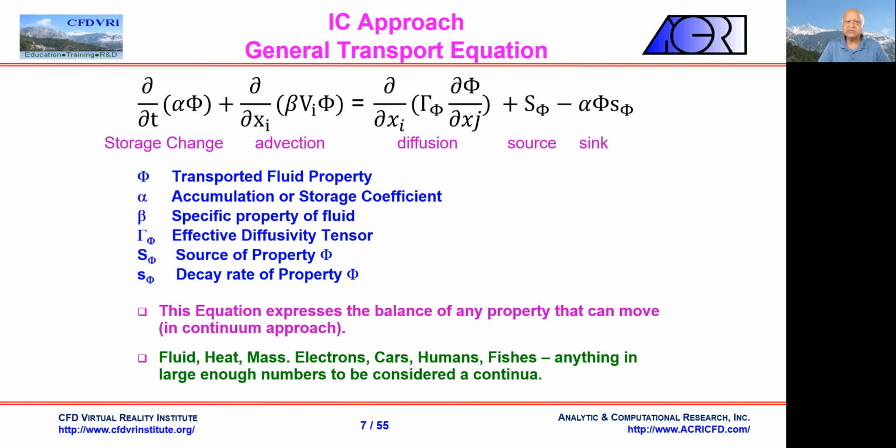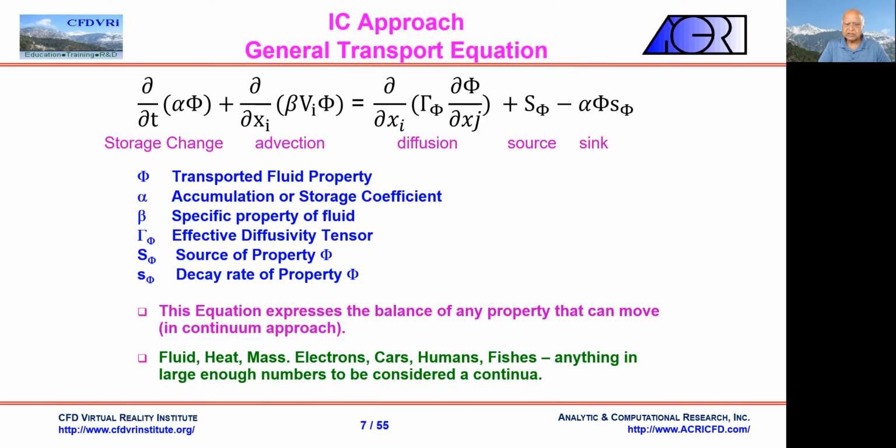That's given by this term, d phi by dxi, velocity times the property and the coefficient. And the second type of flux is diffusion, which is due to the molecular motion, which is kind of a Brownian motion, which can't be defined at the macro continuum scale, and therefore is defined in terms of diffusivity and the gradient of the variable. Things flow from higher gradient to lower gradient. And then, of course, there are source terms and then the sink terms.